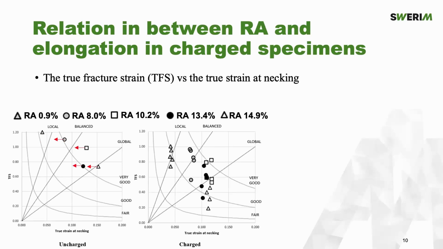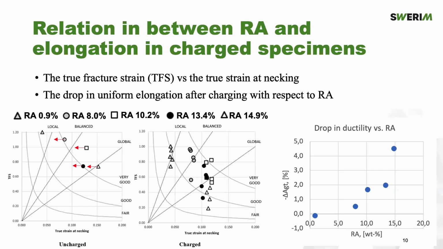If we continue to look at the true strain at necking, we can see this only changed for 4 of the 5 materials. What is interesting, or what should be noted here, is that it did not change for the sample that did not have any retained austenite. So this change in true strain at necking is very well correlated to the retained austenite in the sample.